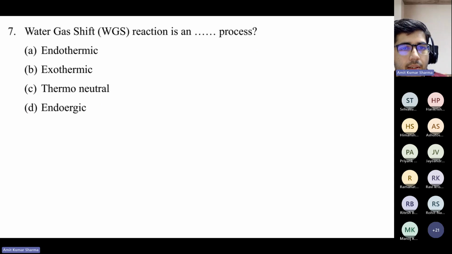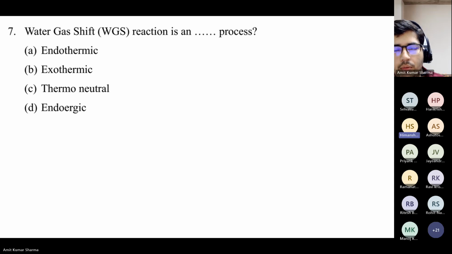Is the water gas shift reaction endothermic, exothermic, or thermoneutral? Exothermic. And what is the amount of energy released in the water gas shift reaction?